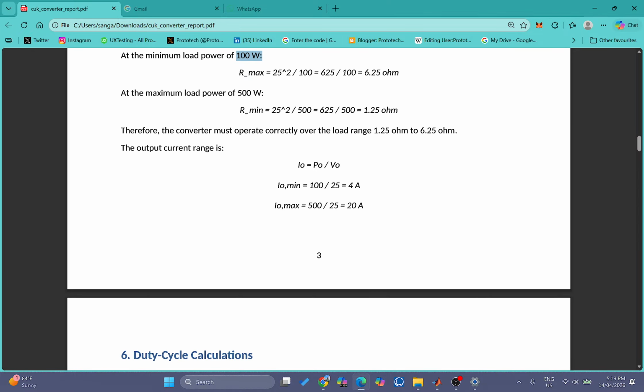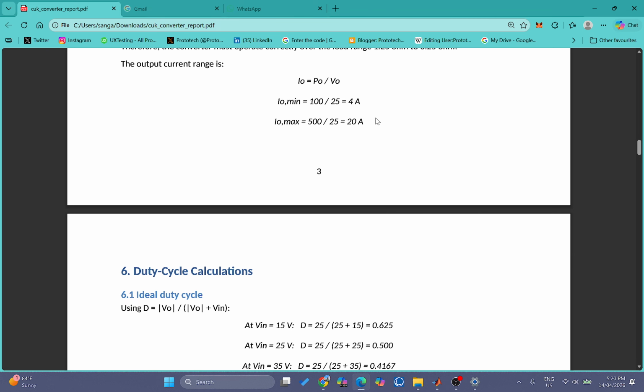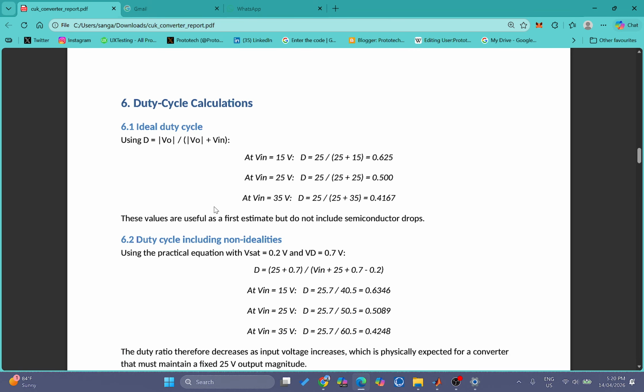Now if we calculate the output current range, we are getting 4 amps for minimum, and output current maximum we are getting is 20 amps.